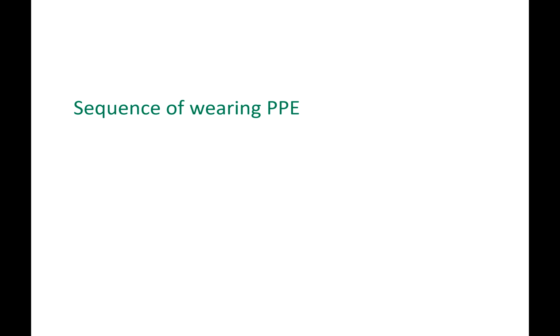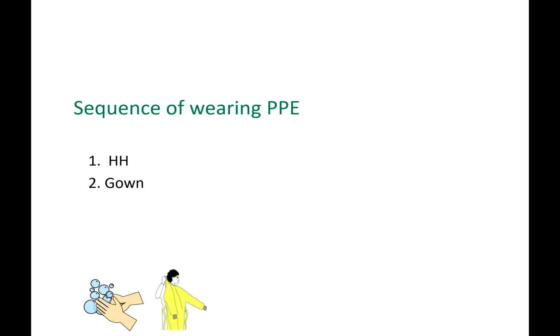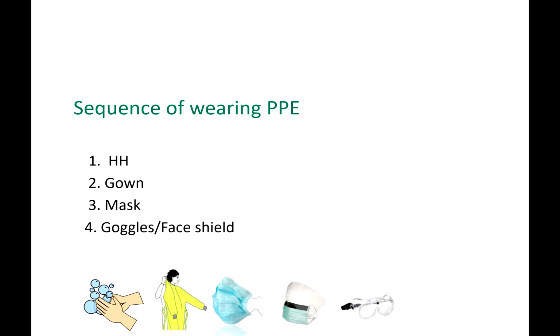Let's see the sequence of wearing PPE. First, you have to do hand hygiene, wear the gown, wear the mask, wear goggles and face shield, and at the end, wear the gloves.